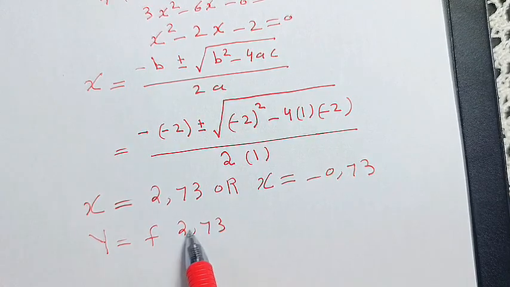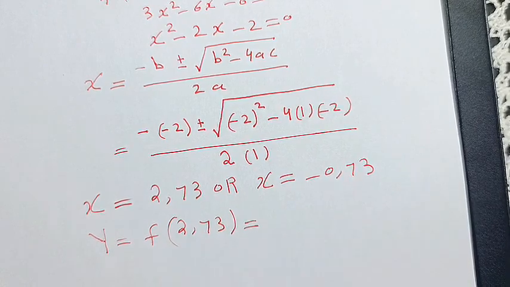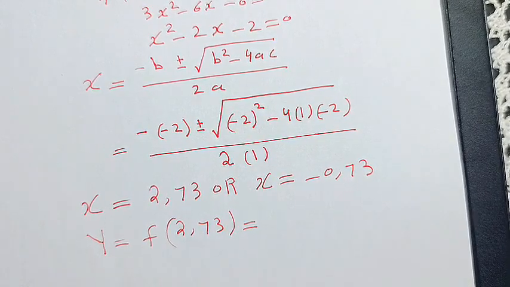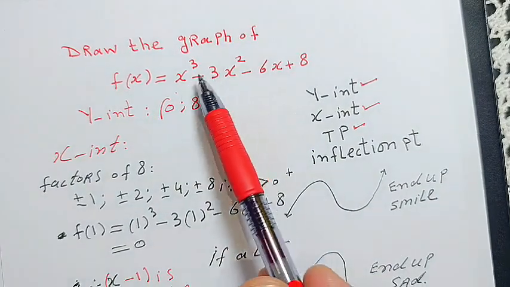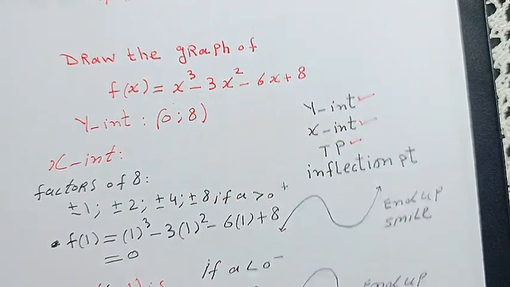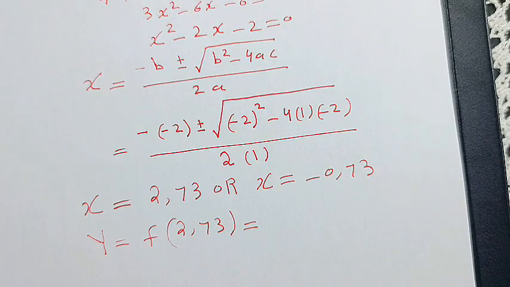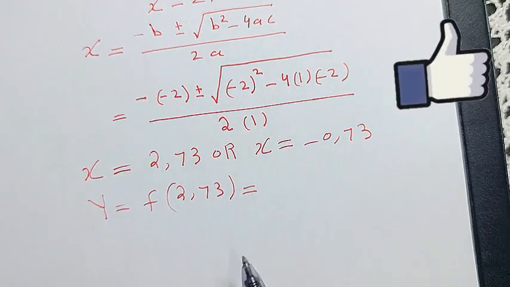I'm going to put it back into the original equation to find the y value. So I'm going to substitute here in this cubic function equation. So the original function you're going to substitute.